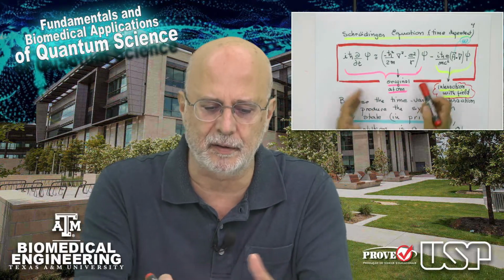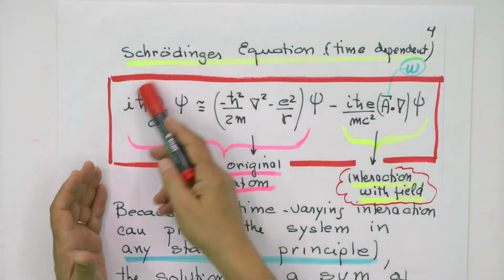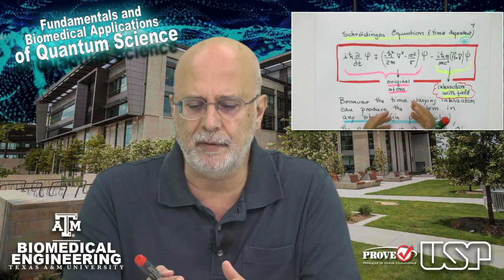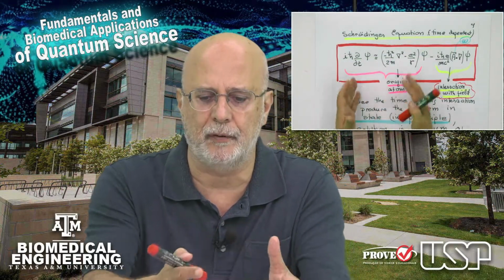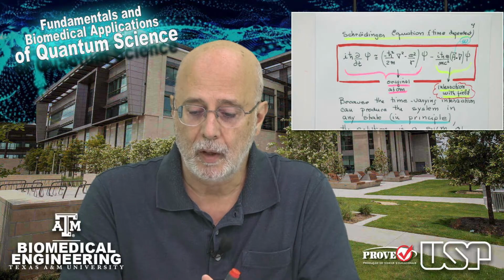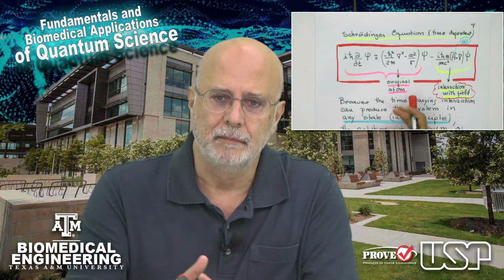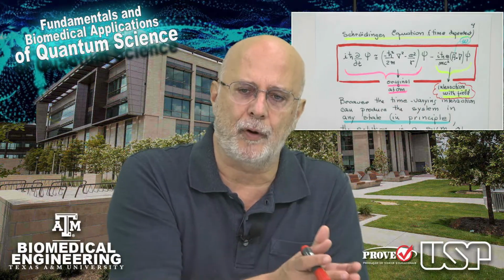And we discussed that the collection of states for this solution is everything that the system can be. So anything it can be has to be a composition of those. And this will, in some sense, make the system go from one to the other.